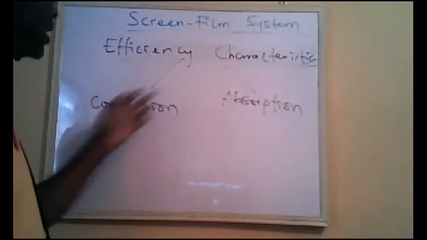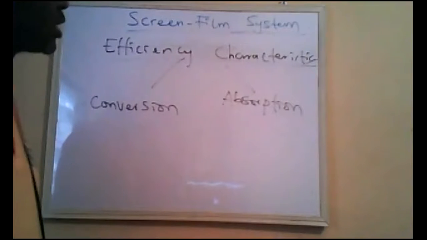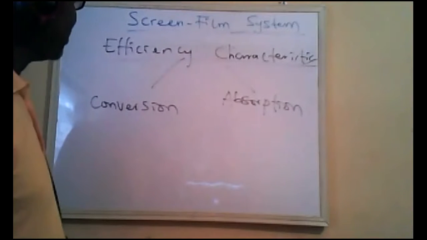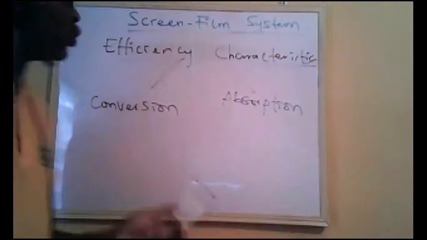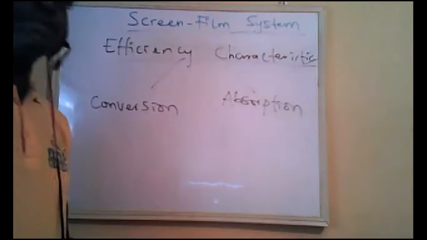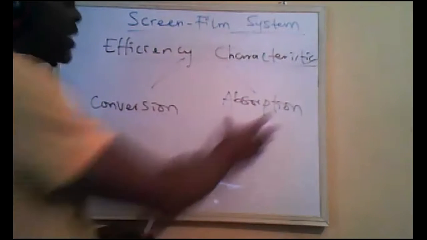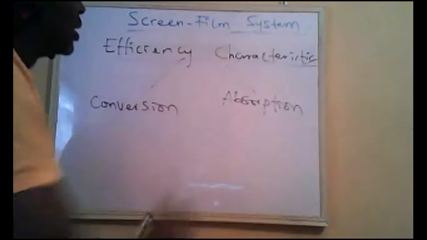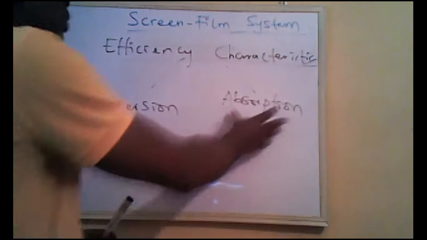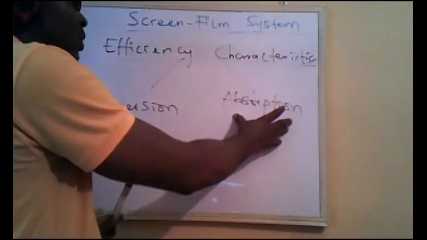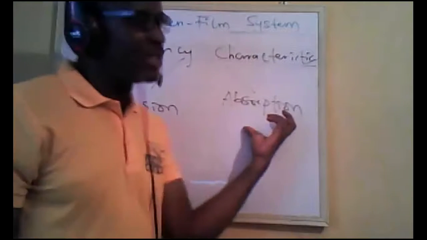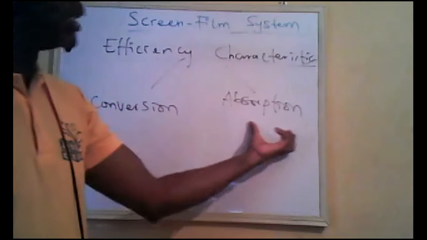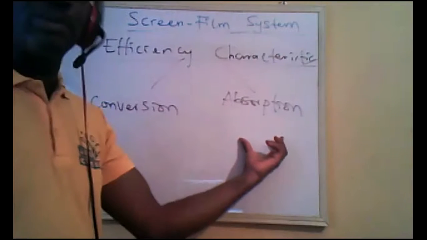So conversion is the amount of X-ray photons that the screen is able to convert, whereas absorption is the amount of X-ray photons. Okay, let me start with absorption. I think that should be the best way to start. Absorption is actually the amount of X-ray photons the screen is able to absorb.